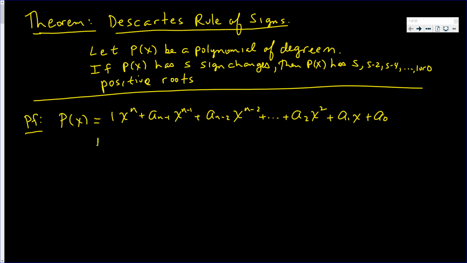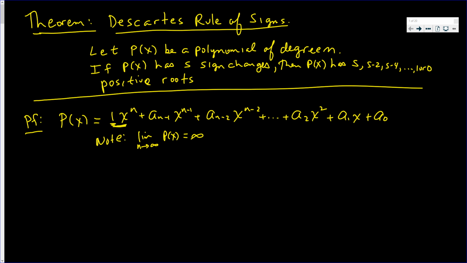Now note that since the coefficient of the leading term is bigger than 0, positive, the limit as x goes to infinity of p of x is infinity.